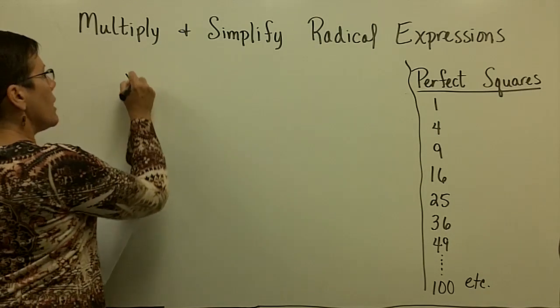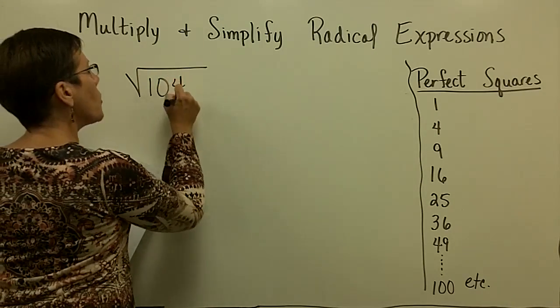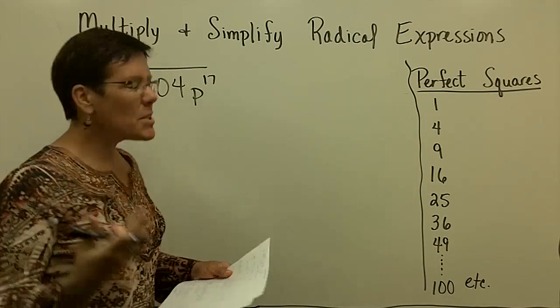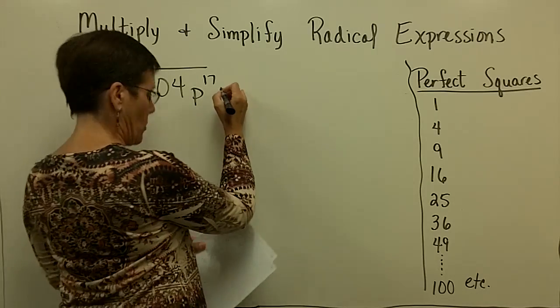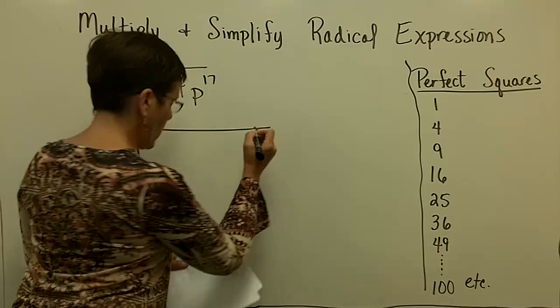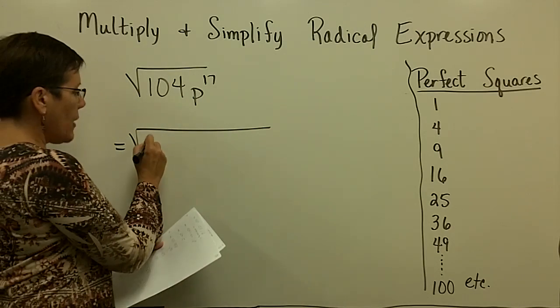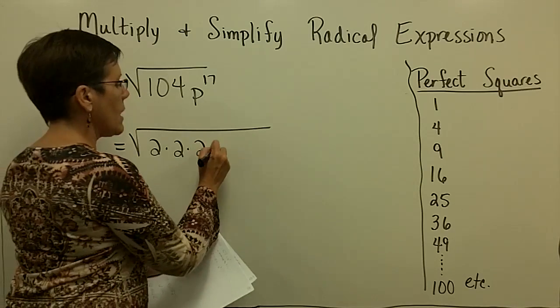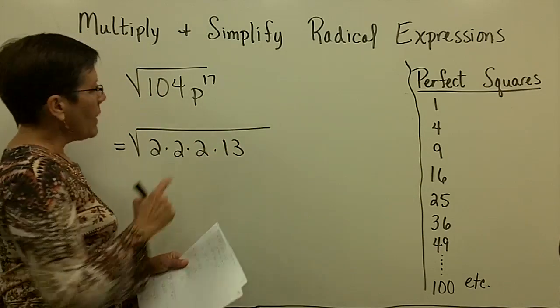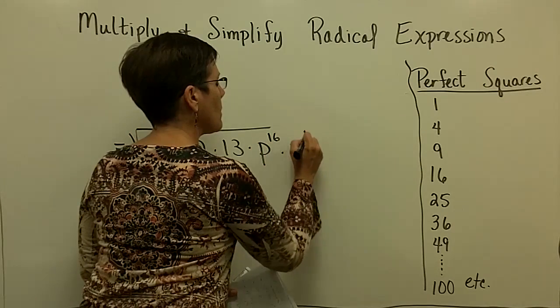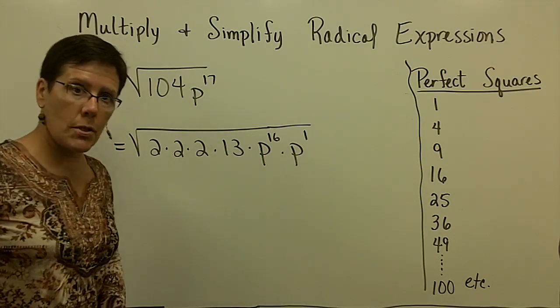So if I have the square root of 104 p to the 17th power, and I want to reduce it, I'm just going to go ahead and use the prime factor approach. I'm going to do this down here because I need quite a bit of space. The prime factors of 104 are 2 times 2 times 2 times 13. And then p to the 17th would be thought of as p to the 16th and p to the 1st.